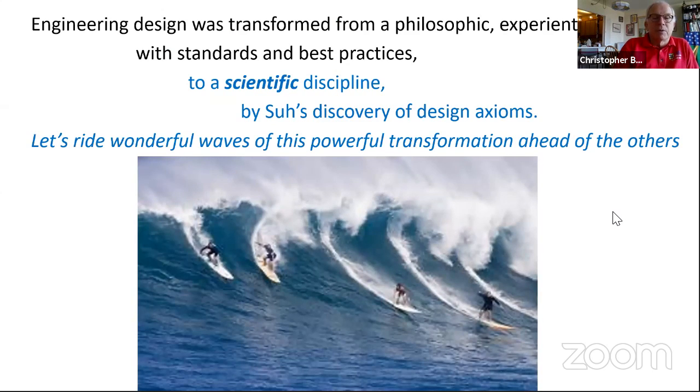So we're at a neat time in engineering design. And what we would really like to do is ride these powerful waves of transformation ahead of the others by using axiomatic design.